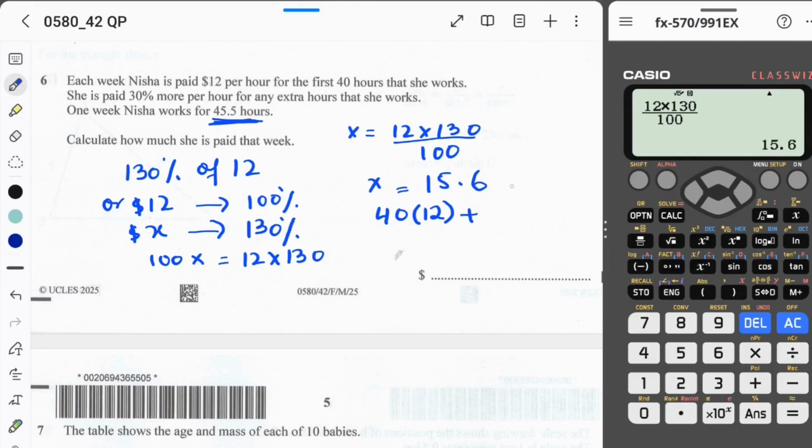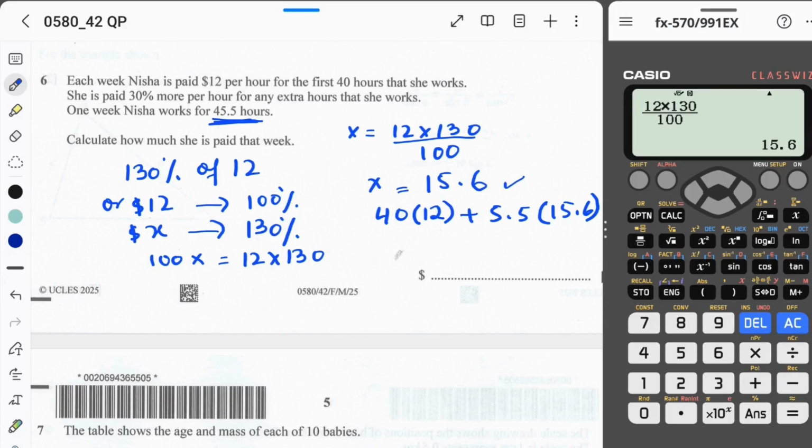For the remaining time she's going to get $15.6 per hour. So 5.5 times 15.6.